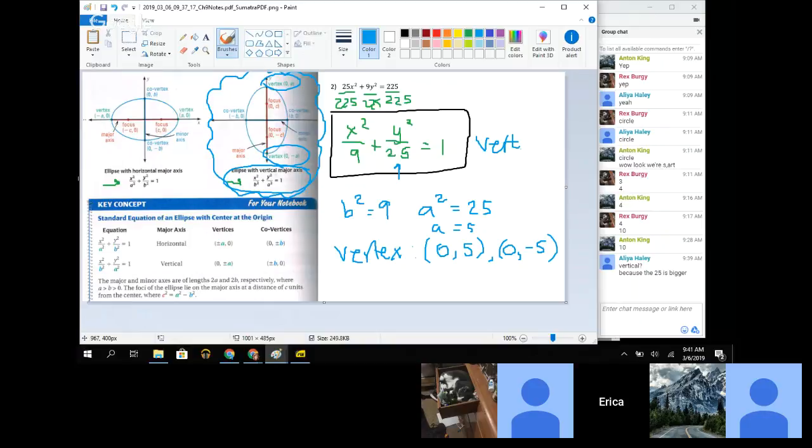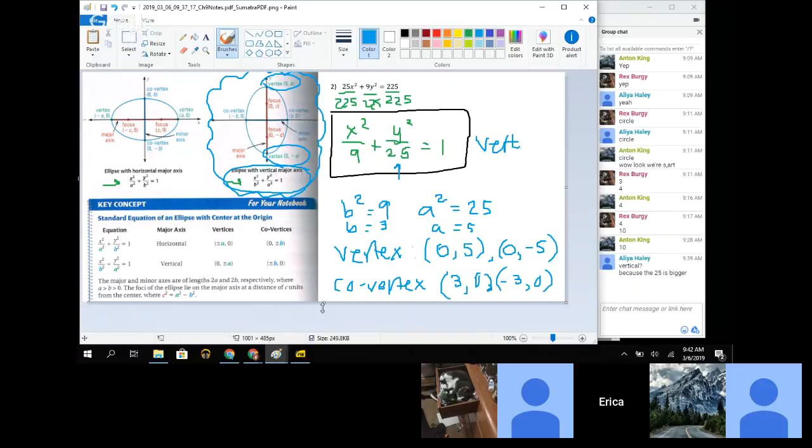Our co-vertices, right, are at b, 0 and -b, 0. Well, b squared equals 9, so that means b equals 3. So our co-vertices are at 3, 0, and -3, 0.